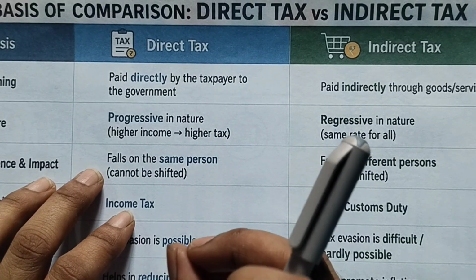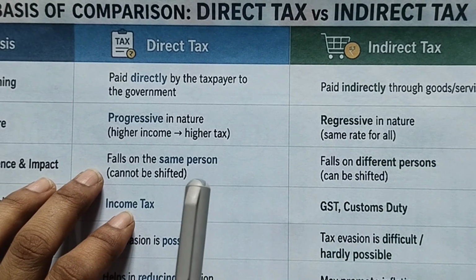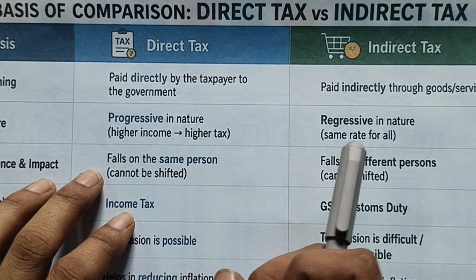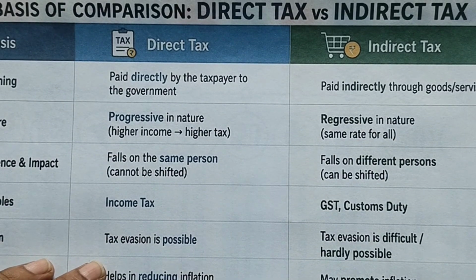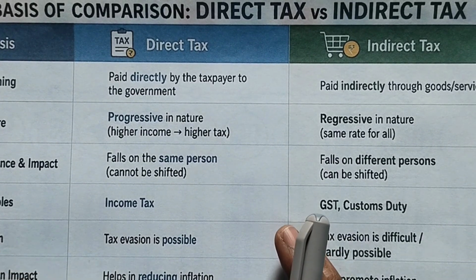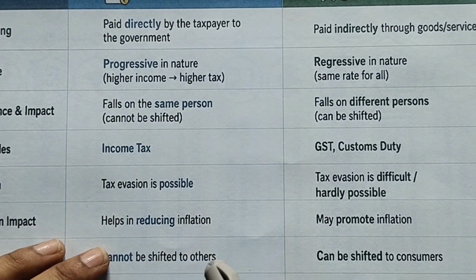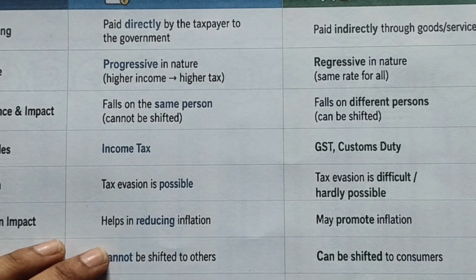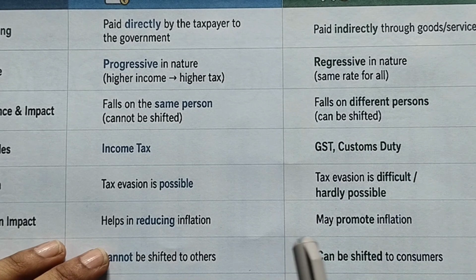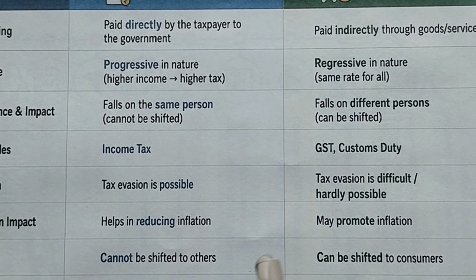The final consumer bears the incidence of tax. Then tax evasion is possible in the direct tax. In indirect tax, it is difficult and hardly possible. Inflation impact. The direct tax reduces the inflation. Indirect tax promotes the inflation.